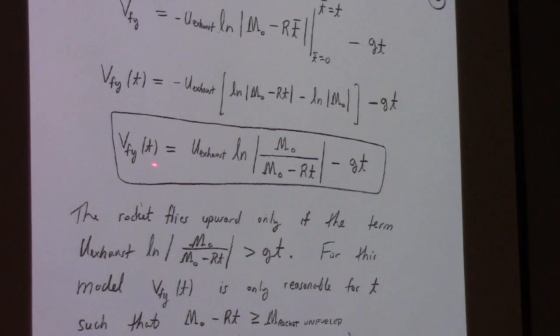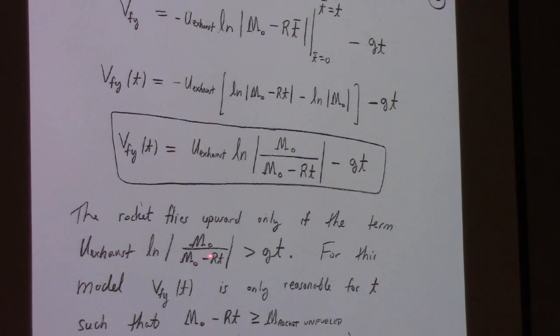And so the velocity upwards of the rocket is, well, it's only upward if what? You need that the natural log of this, times u exhaust, be greater than gt, right? Where did my u exhaust go? Is that a plus? Or is that a multiplication? Oh, that's a multiplication.